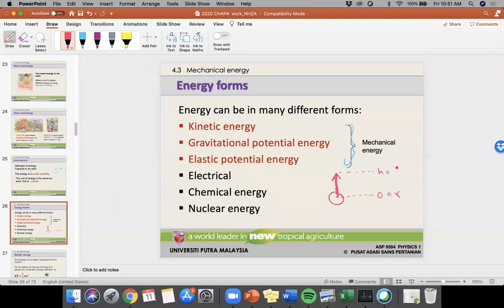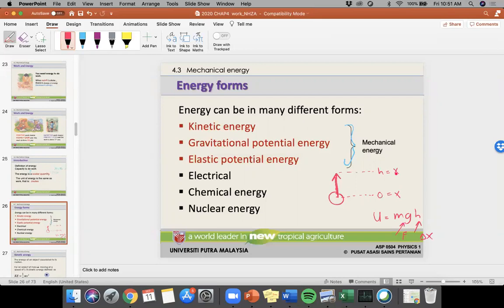So h is now my displacement of the ball. And gravitational potential energy says that U equals mgh, where mg is the force, this guy is the displacement. Kan? mg is weight, gravitational force, and h is your displacement.